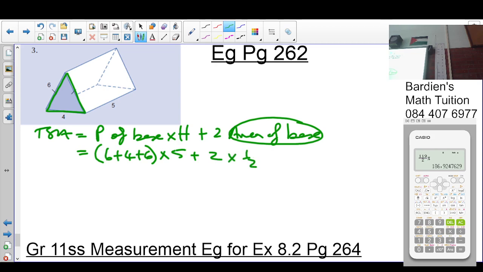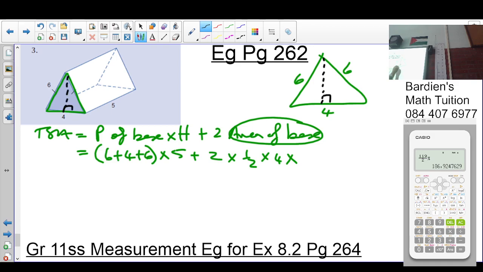So half. Now if I just draw this triangle here, that is going to be 6, 6 and 4. It's half base, which is 4, times the perpendicular height, which we don't have. Can you see that? The perpendicular height on this base we don't have, which is this here. So how do you think we're going to calculate that? Pythagoras. But what is the length from there to here? 2.